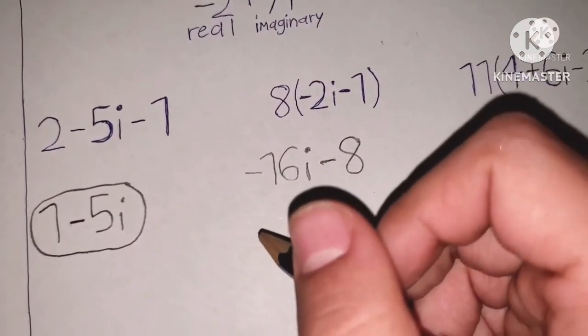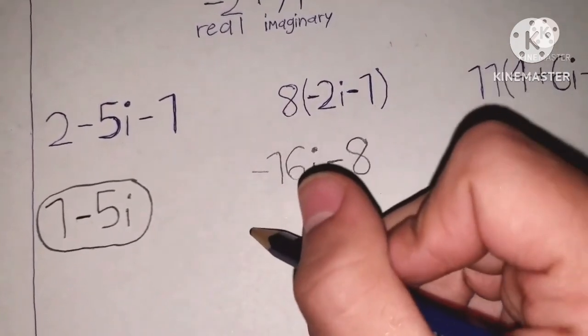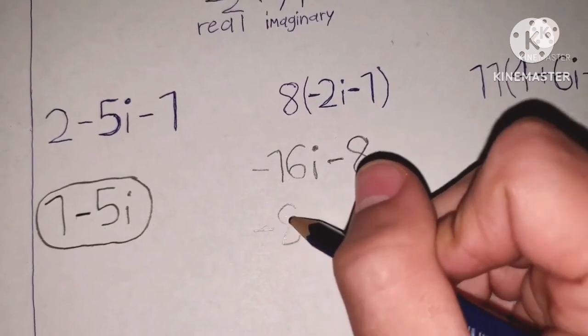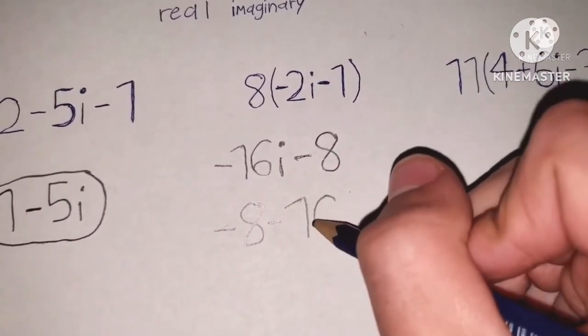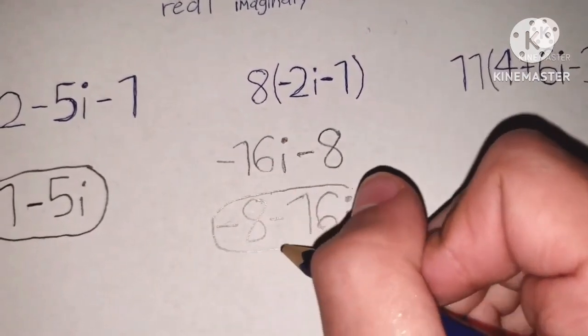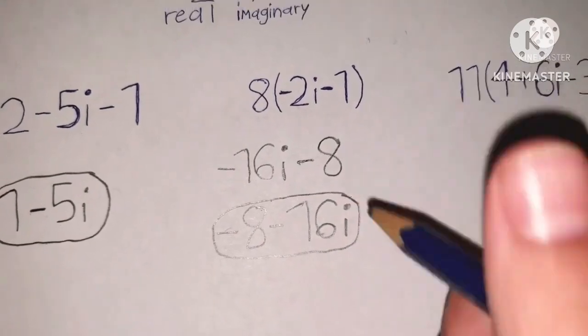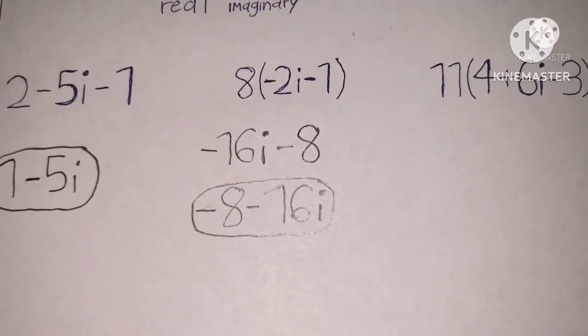So this is how you get it here, and all you have to do is flip these around. So it's going to be -8 minus 16i. So this is the answer: -8 minus 16i.